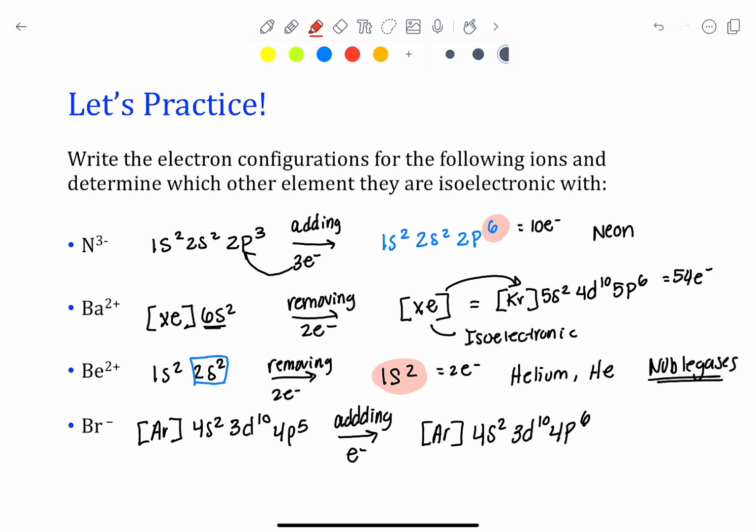So we added that extra electron to the 4p5 because that p orbital has 1 unpaired electron, so that extra electron went in and filled that space to have a filled p orbital, which makes us happy. And this now has a total of 36 electrons, which is isoelectronic with krypton. Again, another one of our noble gases.